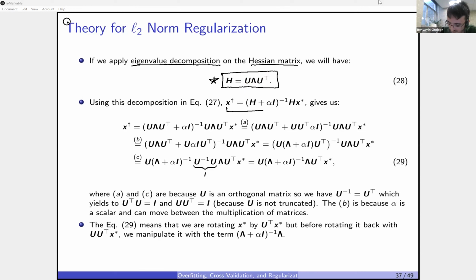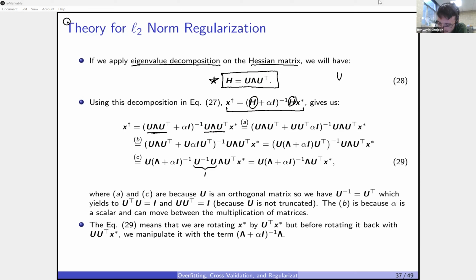So this was equation 27. I have repeated it here. I'm going to replace H. We have two H's here, replaced by the eigenvalue decomposition. Right? Now let's see what happens. One of the properties of eigenvalue decomposition is that the eigenvector matrix U is an orthogonal matrix.